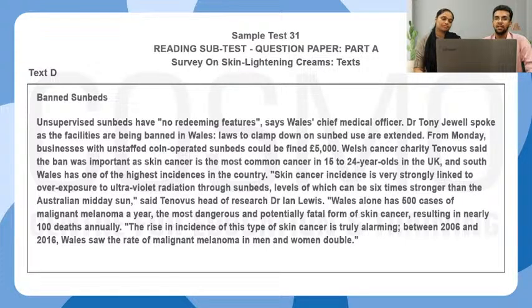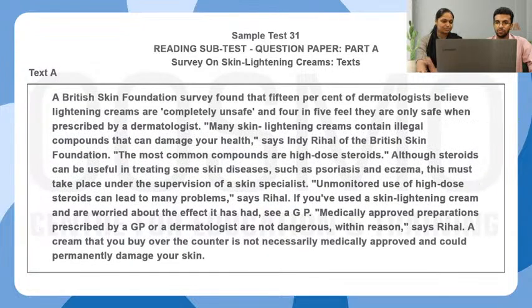Okay, so I hope everyone has identified the keywords in these texts. So let's move forward. Shall we discuss some of the keywords in each of the texts? Sure, Ashwin. So let's see what are the keywords that you might have identified in text A. Can you please tell us if you have identified some keywords in text A?